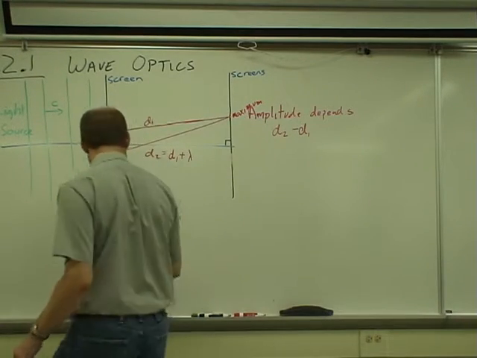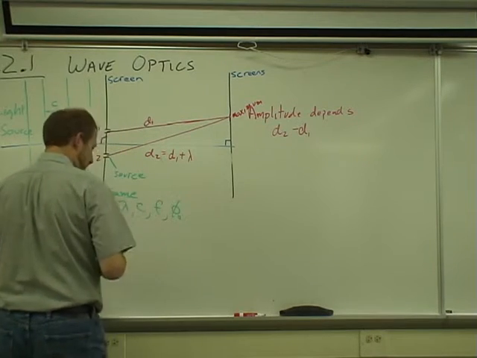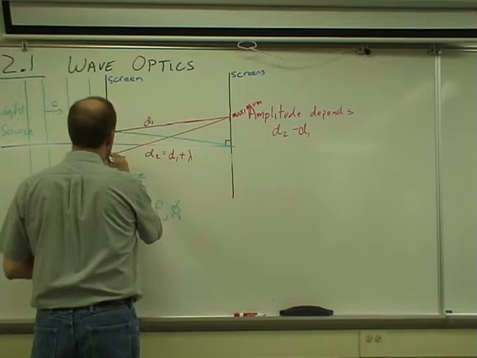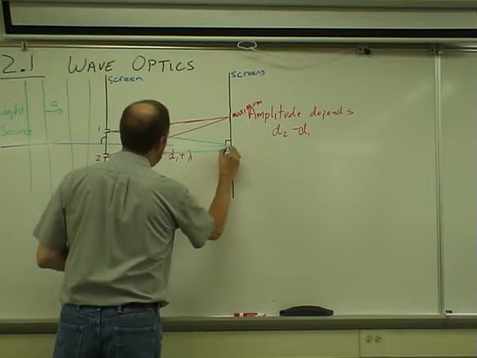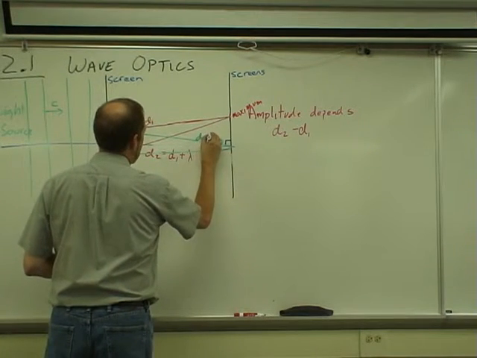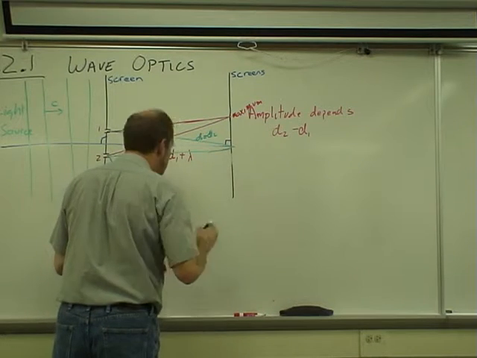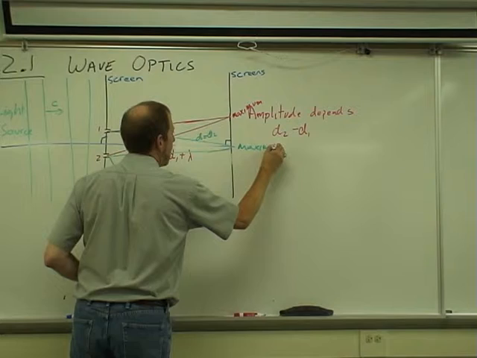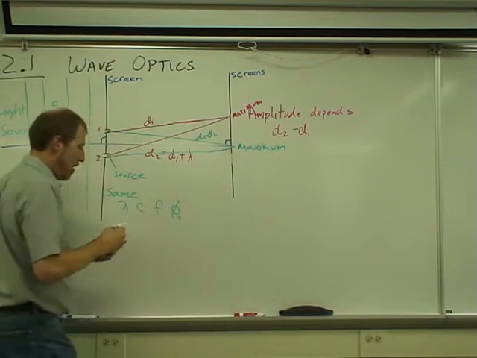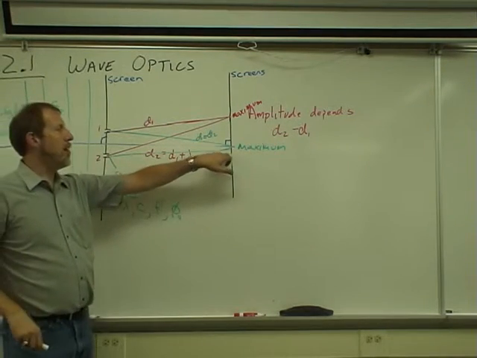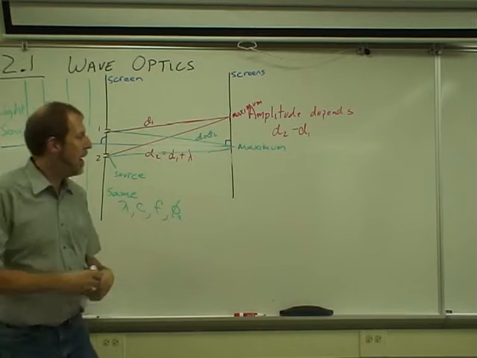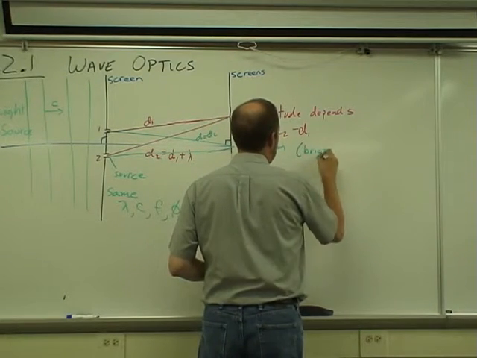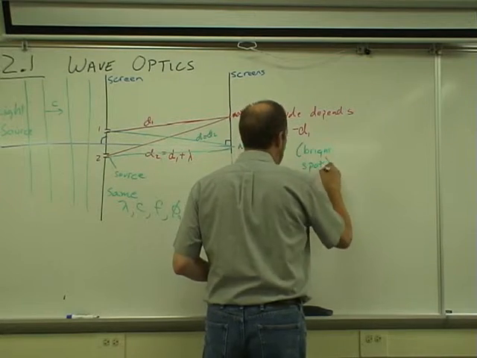Now, at this center point, because it's the center point, you see a maximum right here. And in this case, the maximum is going to translate to a bright spot.